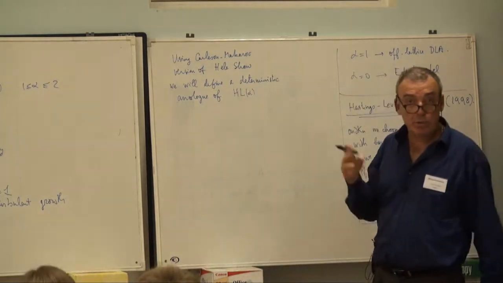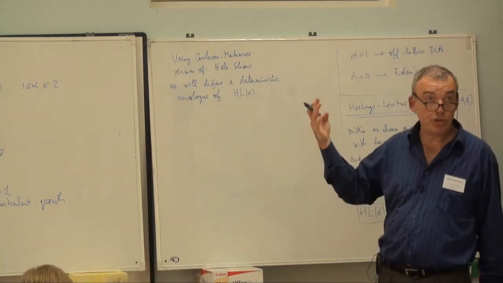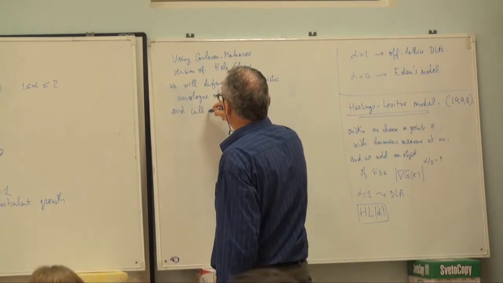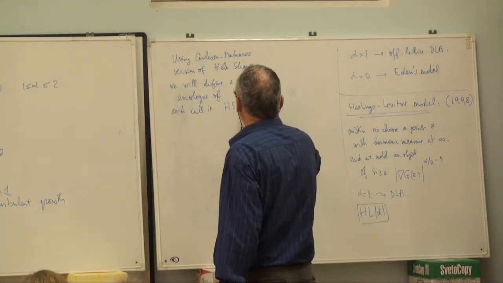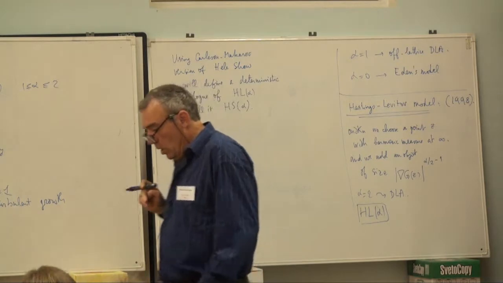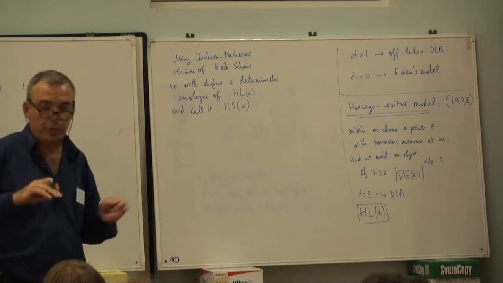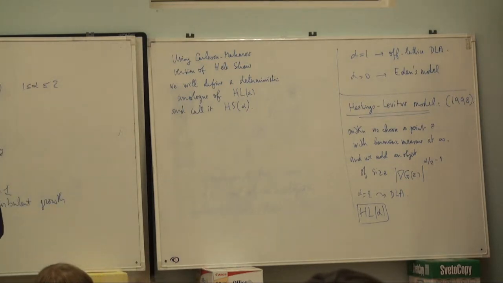Okay, and we will call it HS of alpha, Hele-Shaw of alpha. So, just to give you an idea, we will of course be very precise in this definition. I don't want to give the definition now because I am just in the overview. So, just to give you an idea, HS of 2 is just Hele-Shaw.